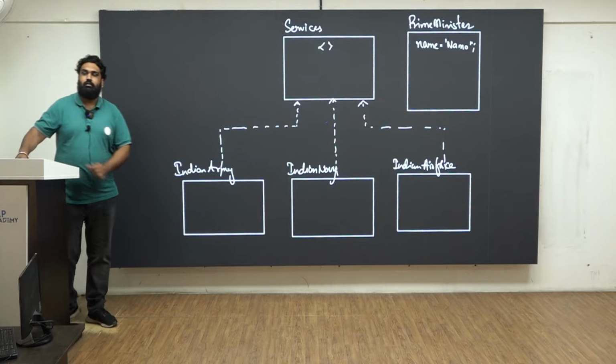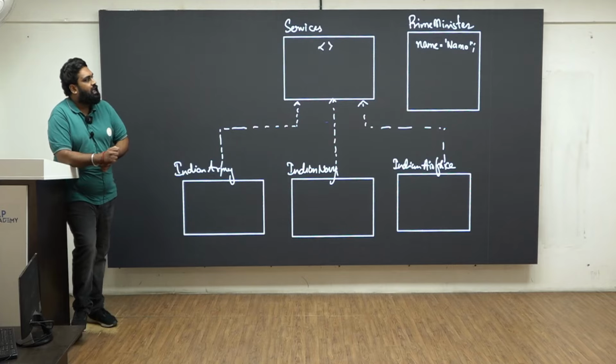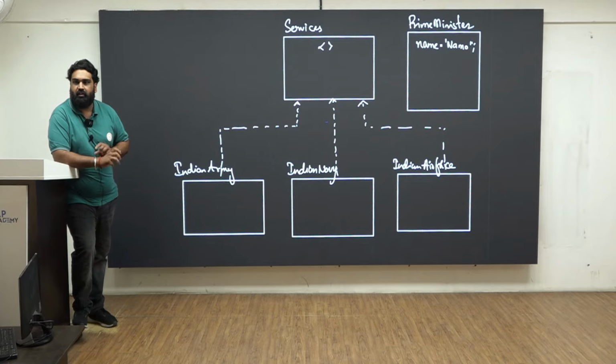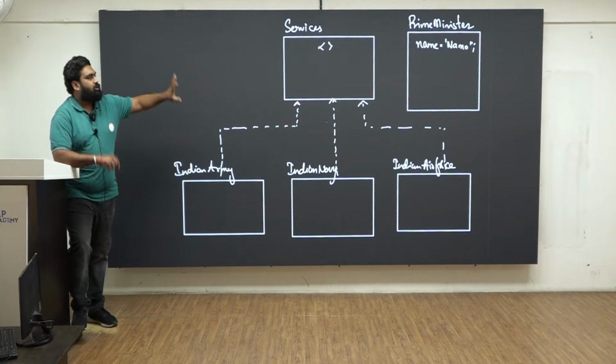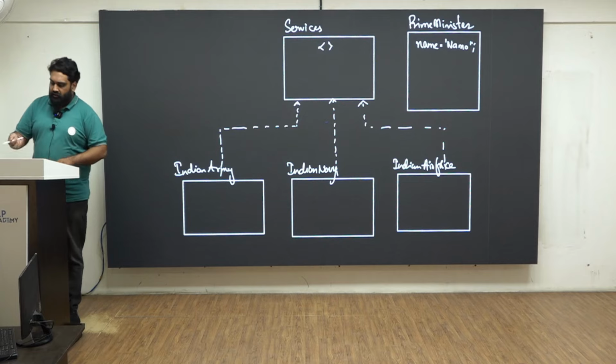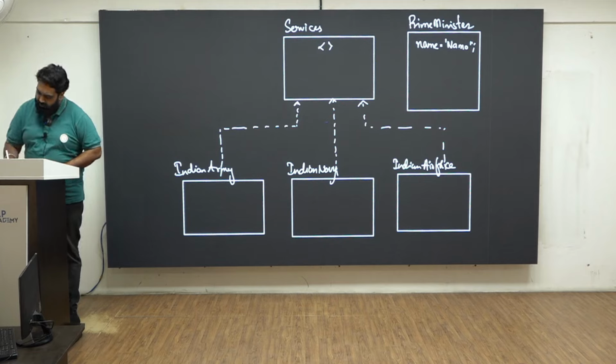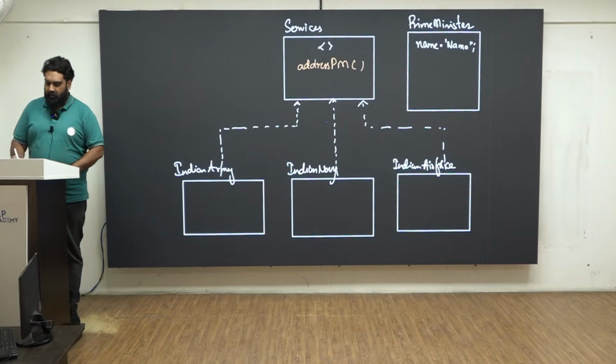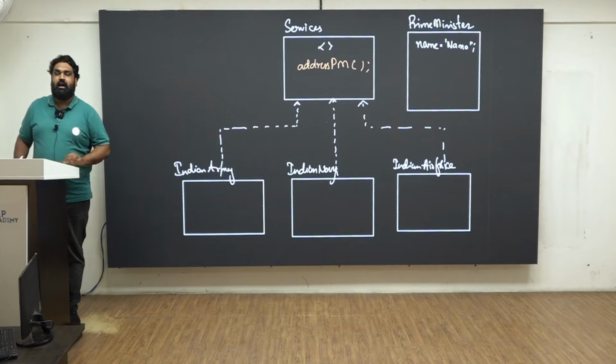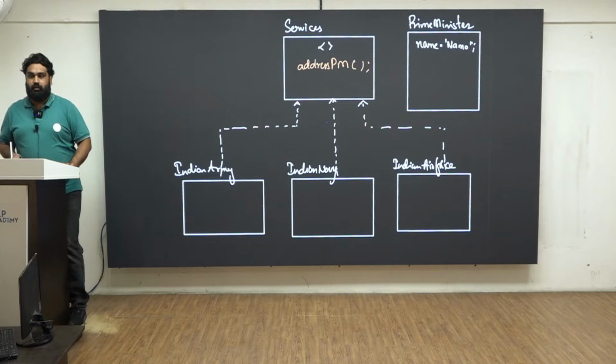So I have a class called Prime Minister in which there is a variable name. Now in the Services interface there is one method which I will call the address Prime Minister method.